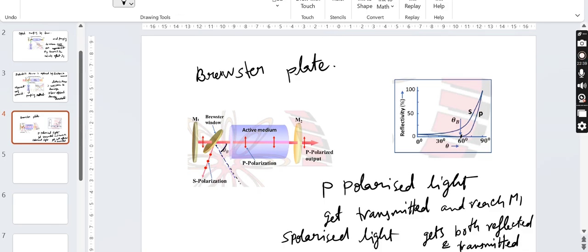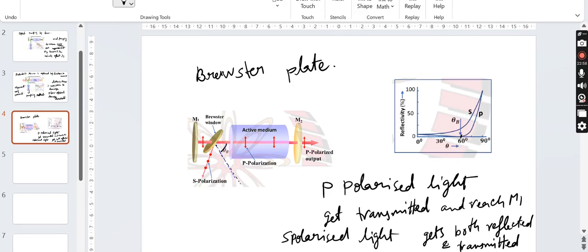So the rise in the number of p-polarized photons in turn results in their further rise through stimulated emission, and the positive regenerative effect will cause the buildup of p-polarized light in the cavity, completely devoid of s-polarization.